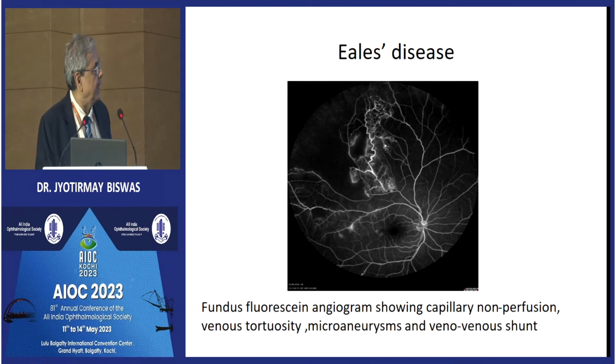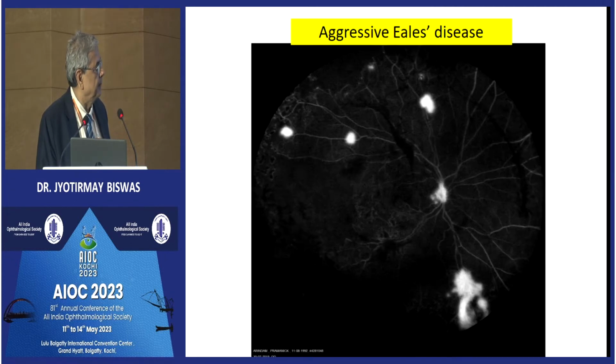You can see the veno-venous shunt, occlusive retinal vasculitis, capillary non-perfusion, microaneurysms, and this all indicates the possibility of Eales disease, now thought to be an immunological reaction to the mycobacterium tuberculosis DNA. This patient's treatment will require corticosteroids and anti-tubercular medications, to me.